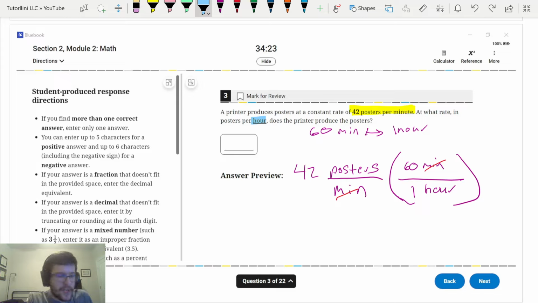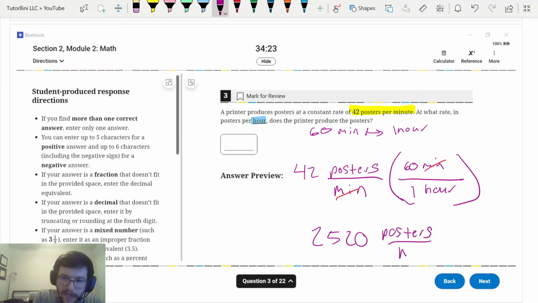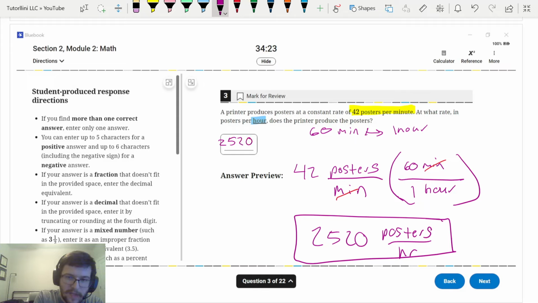So now all you need to do is go to the calculator, 42 times parentheses 60 over 1, and you should get 2520. So the answer is 2520 posters per hour. And let's put that in here. Great. So just always make sure that the units cancel and that when you do a rate, you divide. So see how posters per minute, I did posters divided by minute. If you were going to do miles per hour, that would be miles divided by hour.